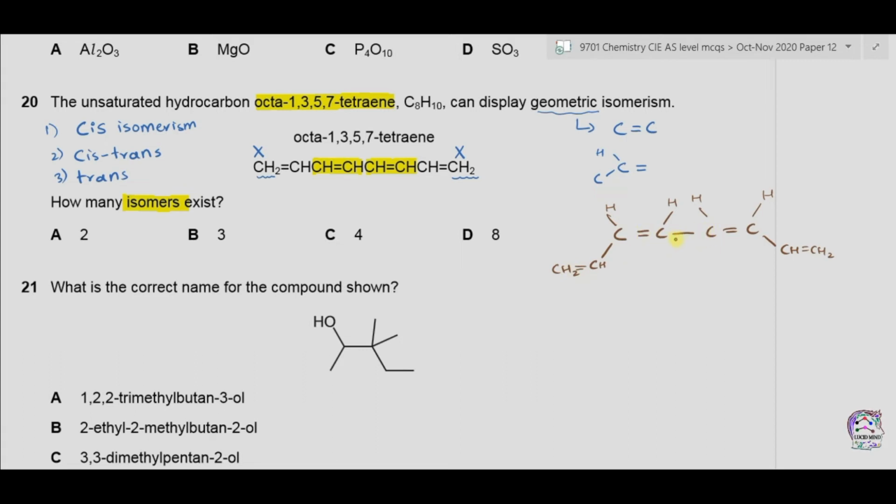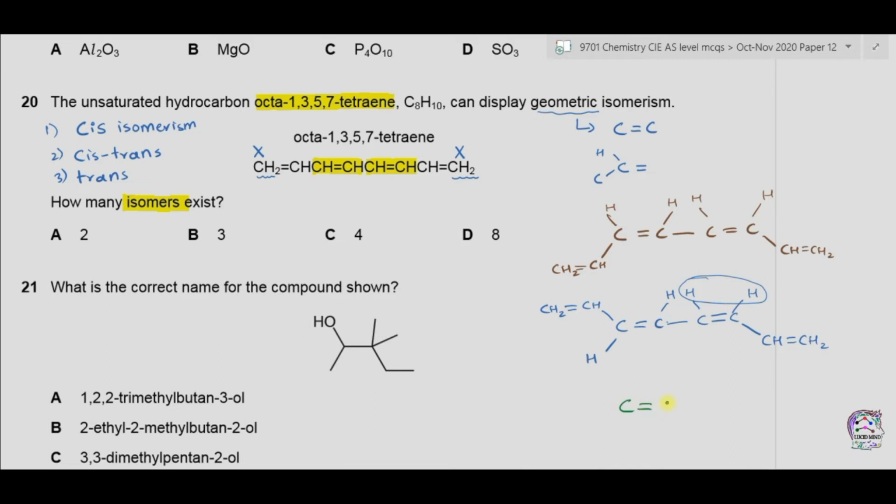This is when both are cis. This is when one is cis, as similar atoms are present on the same side, and one is trans.